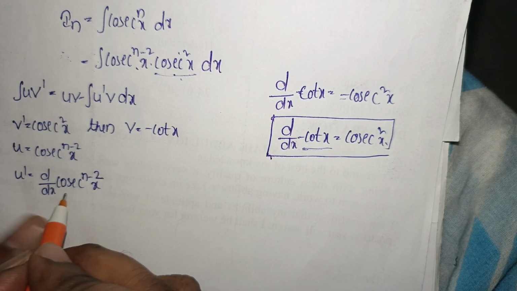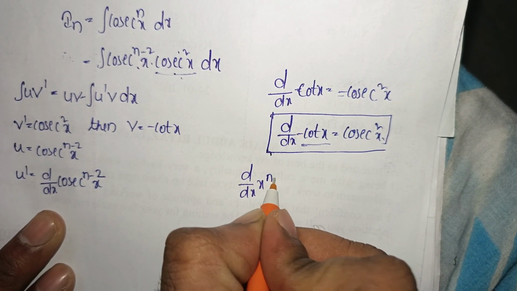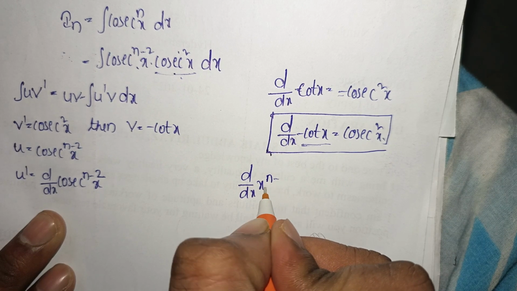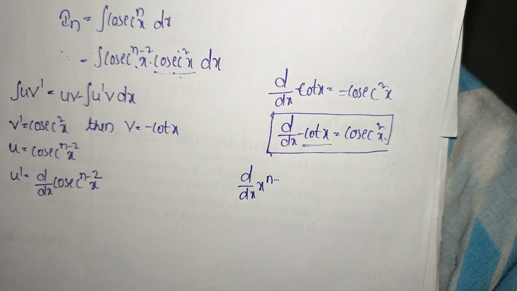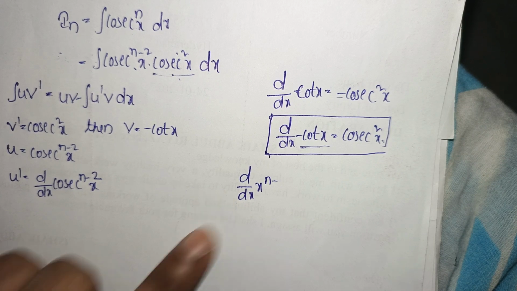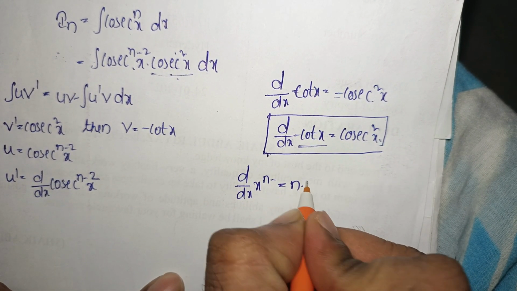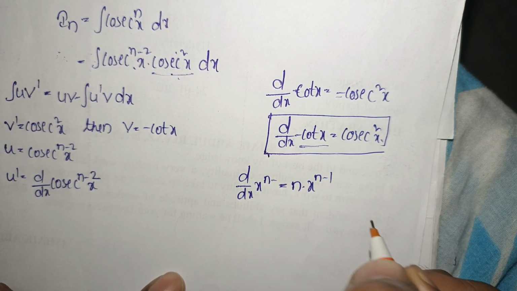So this is in the form of d by dx of x to the power of n. Then the answer is n into x to the power of n minus 1.